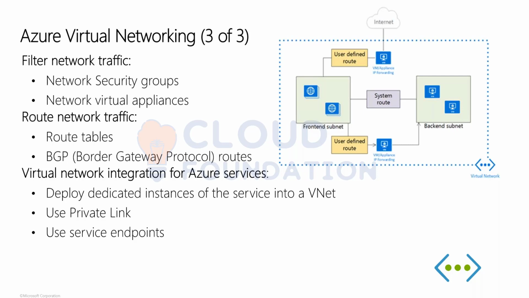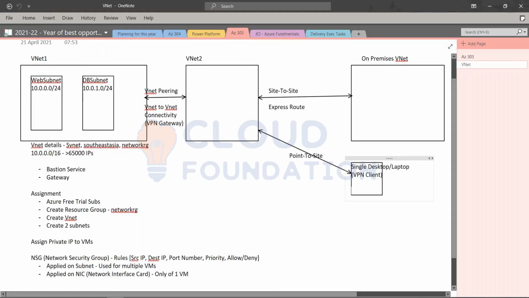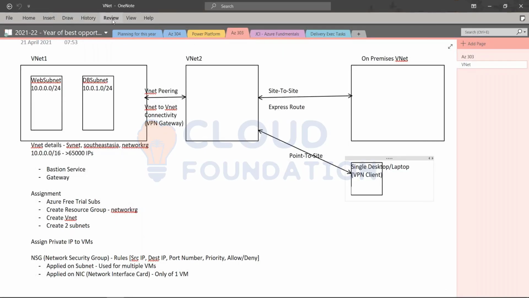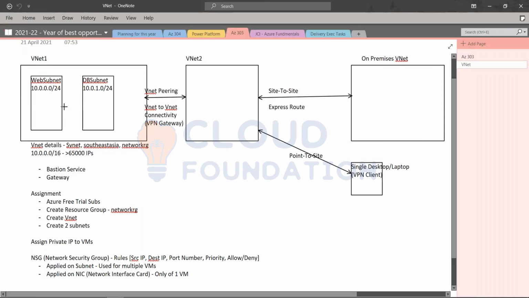Now the question over here is, once it comes to any of your communications, like I said in the previous communication, I can enable VNet to VNet communication by using VNet peering.